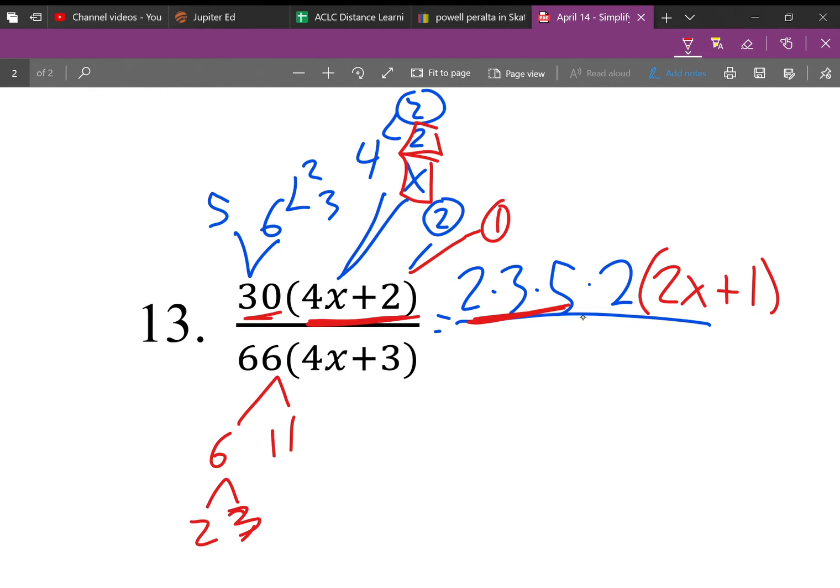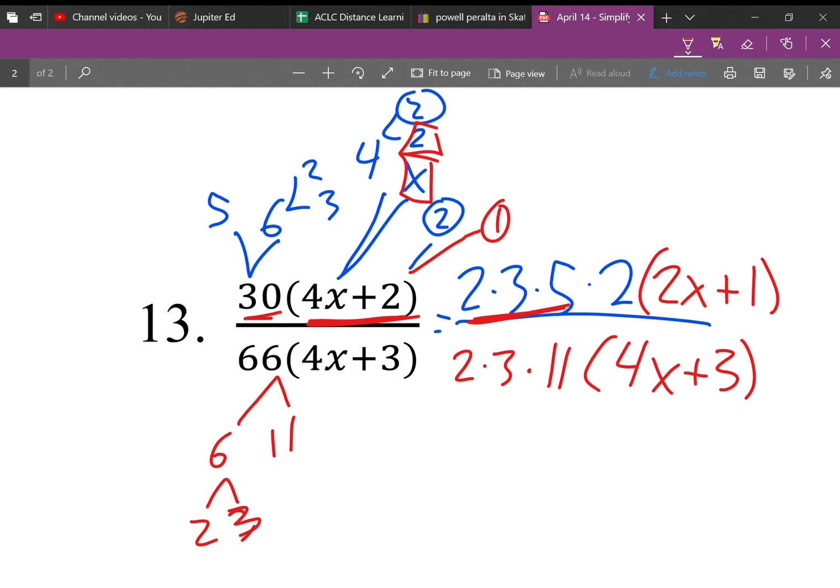So on the bottom, 66 is replaced by 2 times 3 times 11. And then now 4x plus 3, it does not factor because 4 and 3 don't have any common factors. So that's just going to stay 4x plus 3.